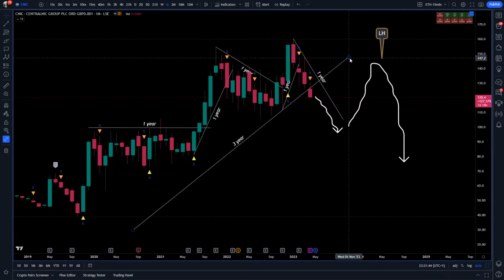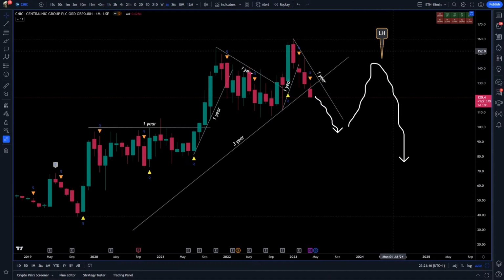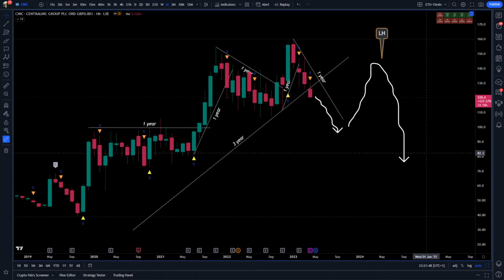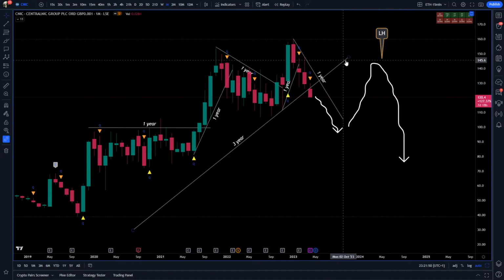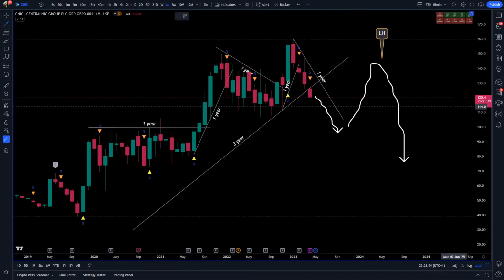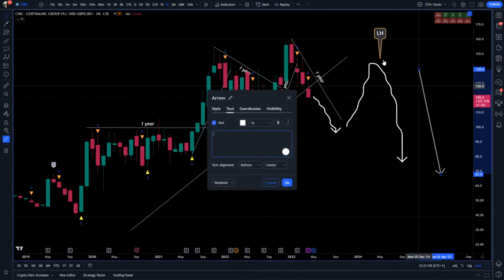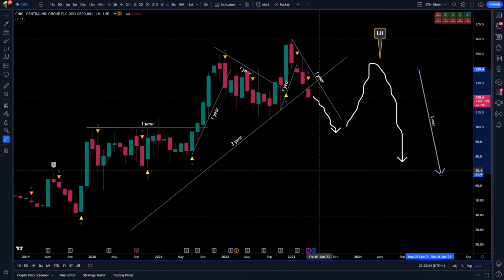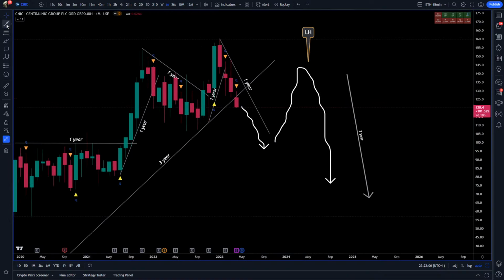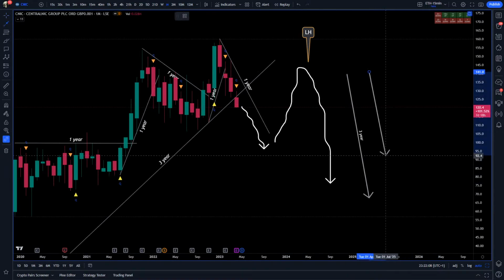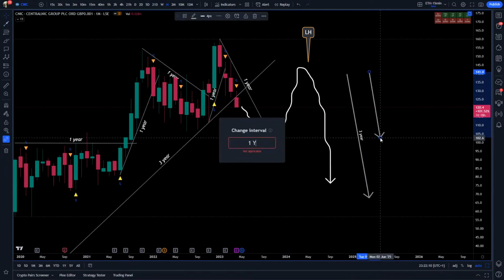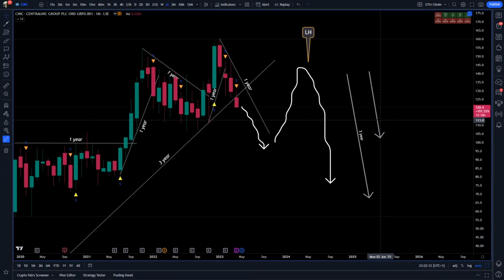We should be thinking about opening short positions from then on to keep selling, because that means the 3-year is going down, and then we'll have the yearly going down as well.